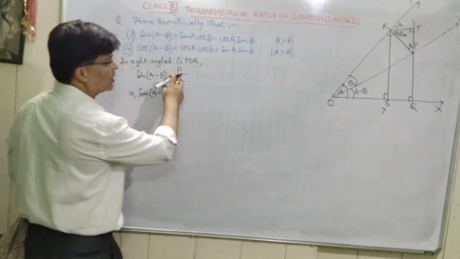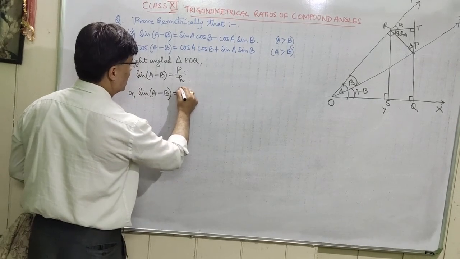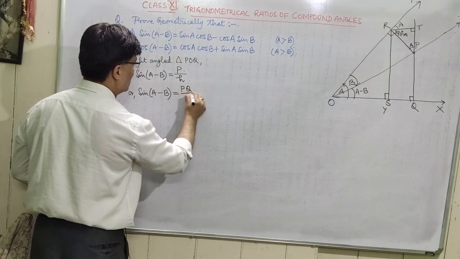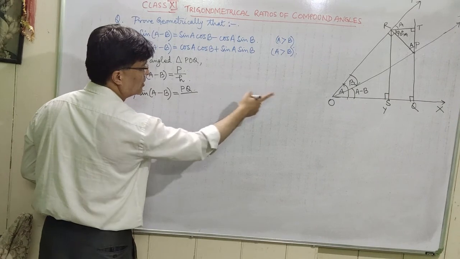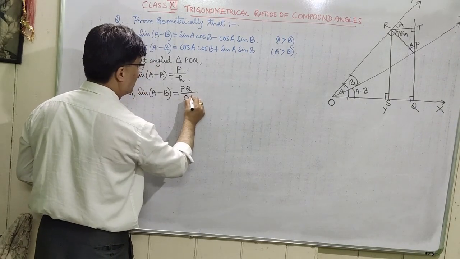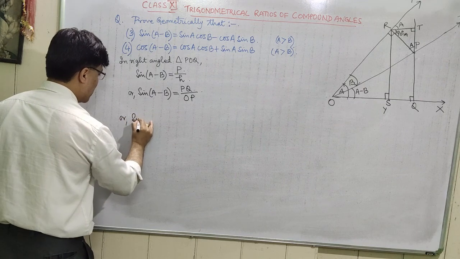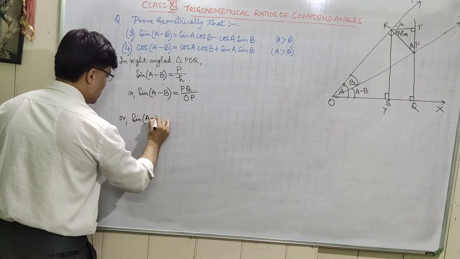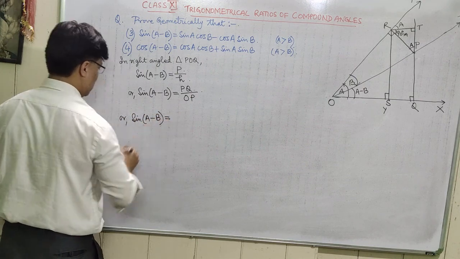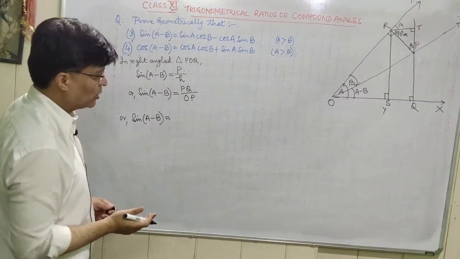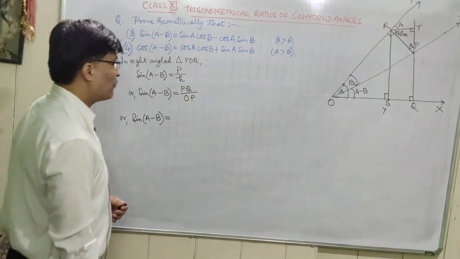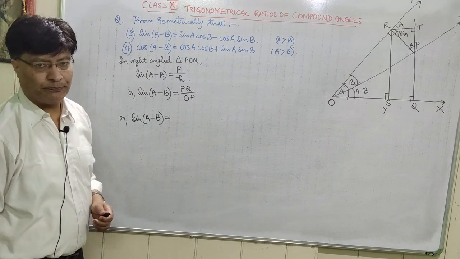So what is perpendicular here? It is PQ divided by the hypotenuse, which is OP from the figure. So sine of A minus B is equal to, now from the figure, how will you write PQ?